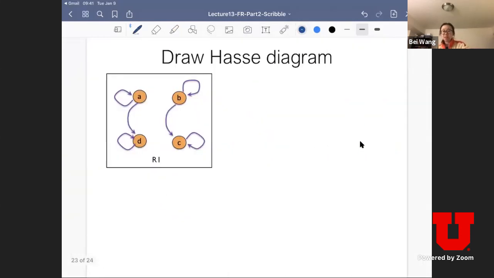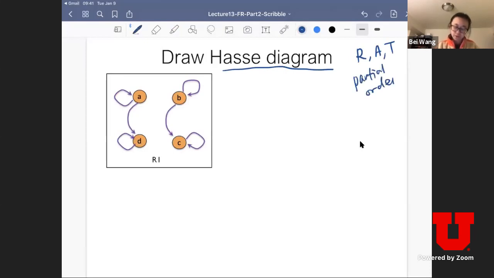Now, our last exercise is if I give you an arrow diagram, to try to draw the Hasse diagram. First thing you do is to eliminate all the self-loops because it's implied. A Hasse diagram applies to a relation that is a RAT, which is a partial order. So by definition, it's reflexive.